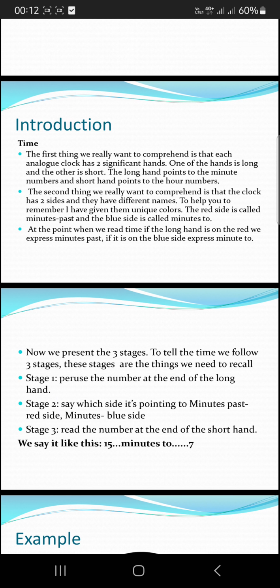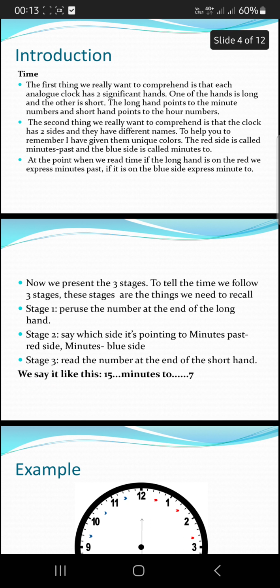The red side is called minutes past and the blue side is called minutes to. When we read time, if the long hand is on the red, we express minutes past. If it is on the blue side, we say minutes to.